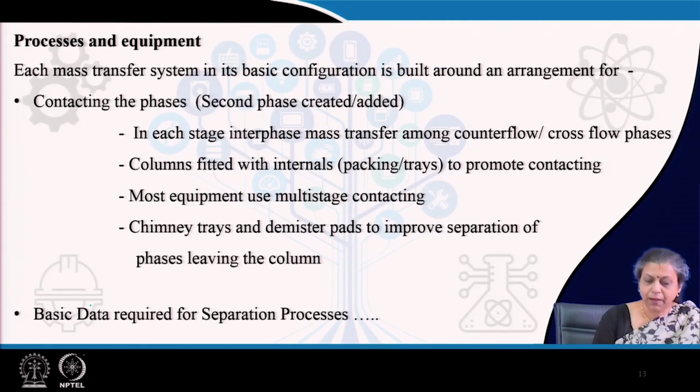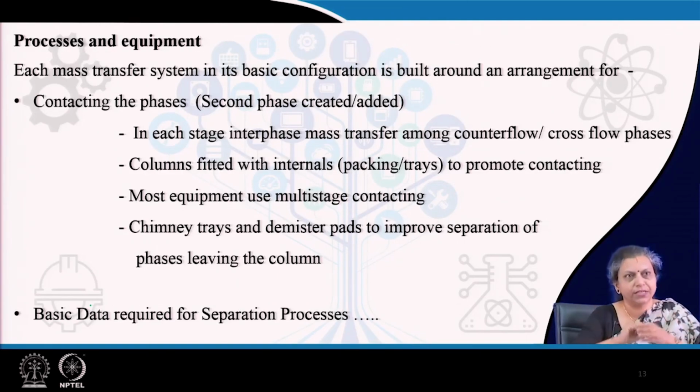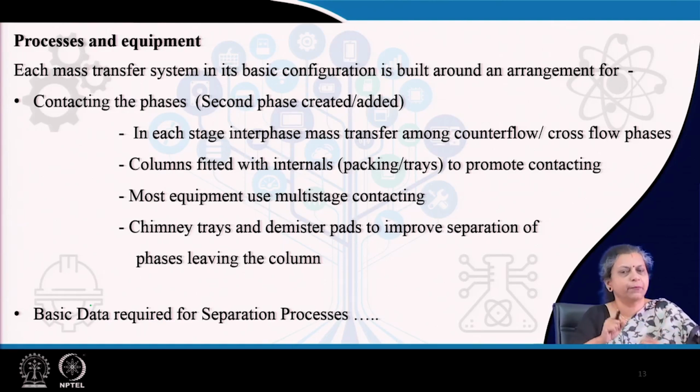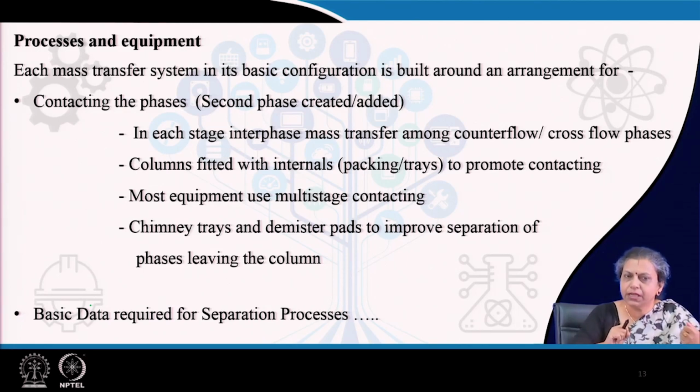And you should also remember that after the two phases are brought in contact and mass transfer occurs, the two phases also have to be separated out. So, therefore, all those towers are also fitted with certain attachments which would separate liquid droplets from the ensuing vapor or the gas stream. We have some demister arrangement. There will be some arrangement where the gas has to be separated from the liquid stream. We have vortex breakers and things like that.